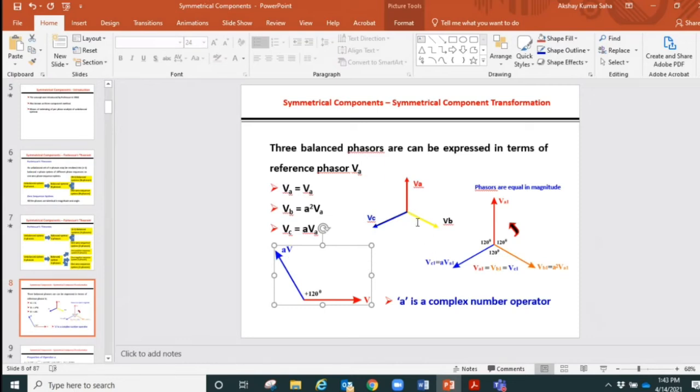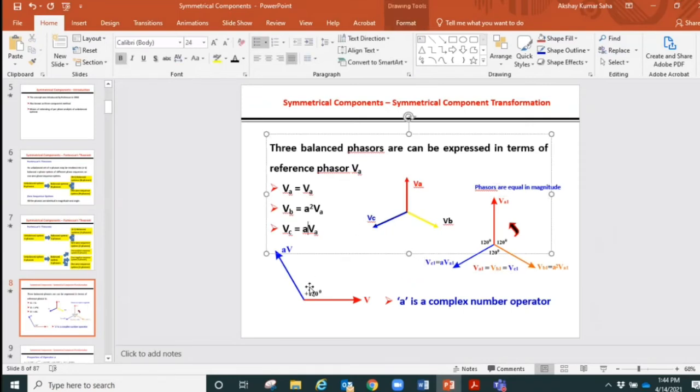So if we look at this diagram, how can we express VB? VB is actually after 240 degrees. Can you see? This is the direction of rotation, this arrowhead there. VB is after 240 degrees, but VC is after 120 degrees.